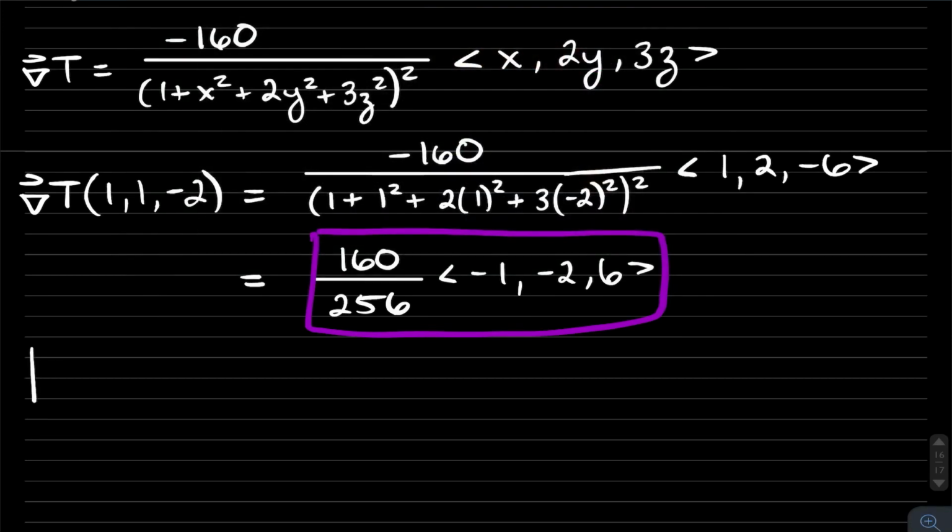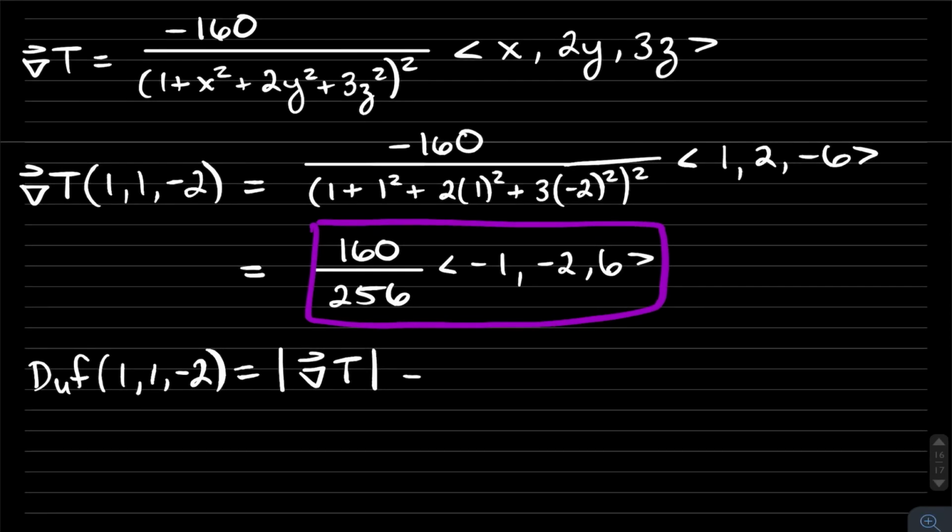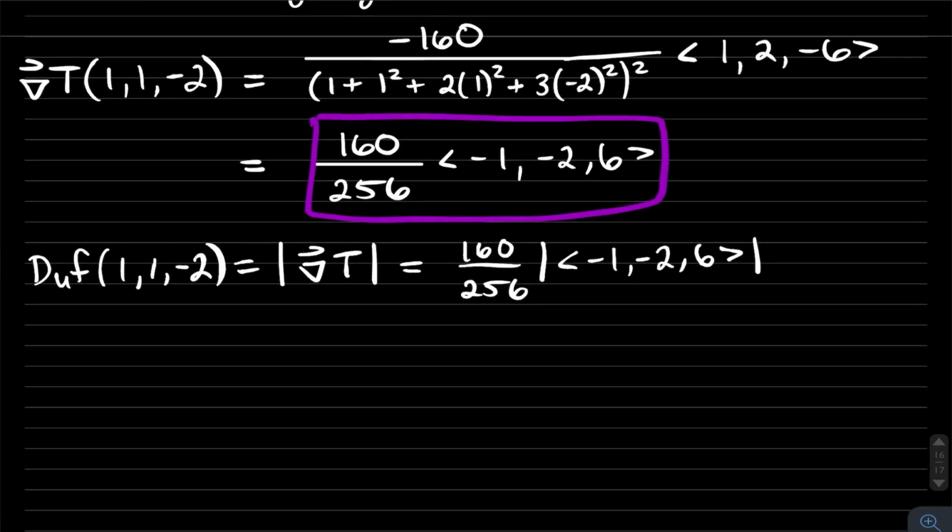Since the directional derivative at 1, 1, -2 is equal to the magnitude of the gradient vector, we can just find the magnitude of this vector right now. Okay, 160 over 256 simplifies actually pretty nicely to be 5 over 8.